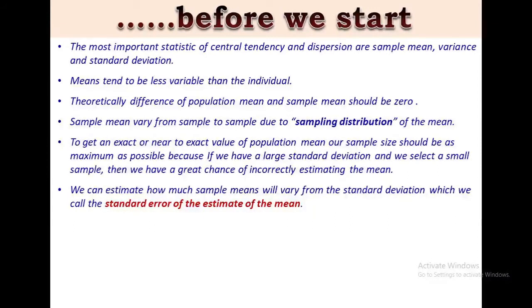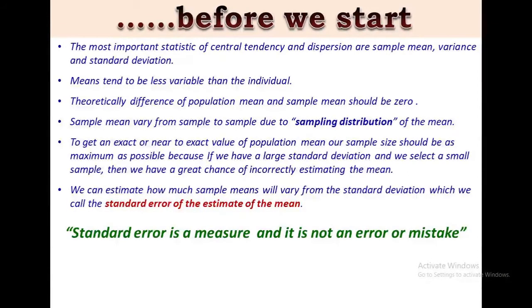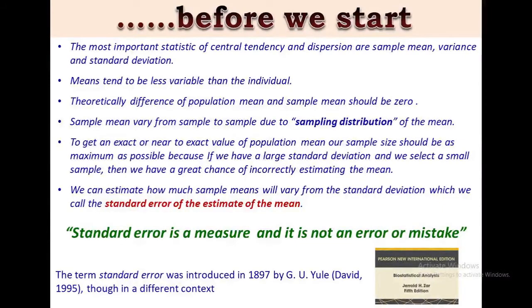But at this point, we must be clear that standard error is a measure and it is not an error or mistake of data. The term standard error was introduced in 1897 by G.U. Yule, but it was altogether in a different context.